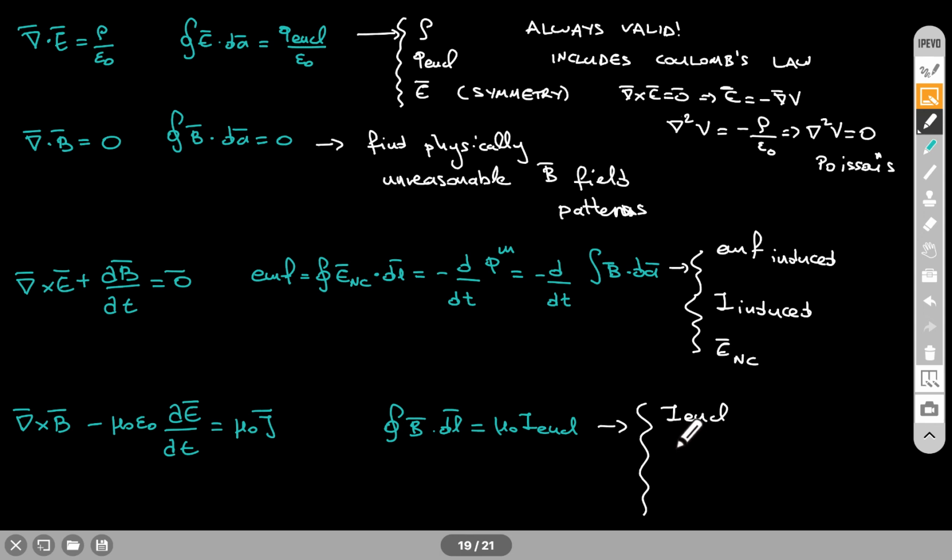If you have symmetry, you can also find the magnetic field. And if your problem does have symmetry, Ampere's law, where the time derivative of E is 0, is by far the easiest way to find the magnetic field. So you can find the current enclosed, and you can find the magnetic field if your problem has symmetry.